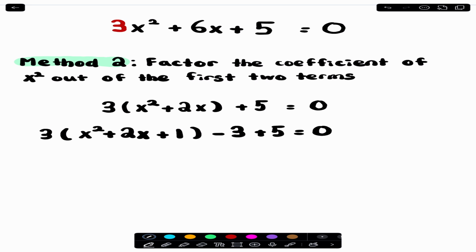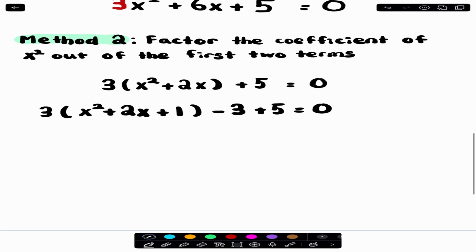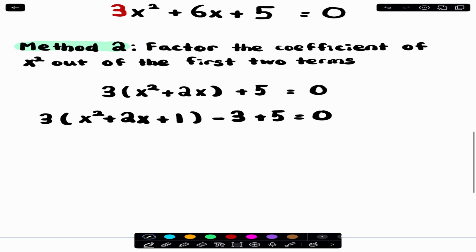So that's where this method can get a little bit tricky, is a lot of people might forget to subtract this term just to keep the equation true. So I think that's why most people, including myself, prefer method 1, because for this one you really have to keep track of what needs to go away because of these brackets.